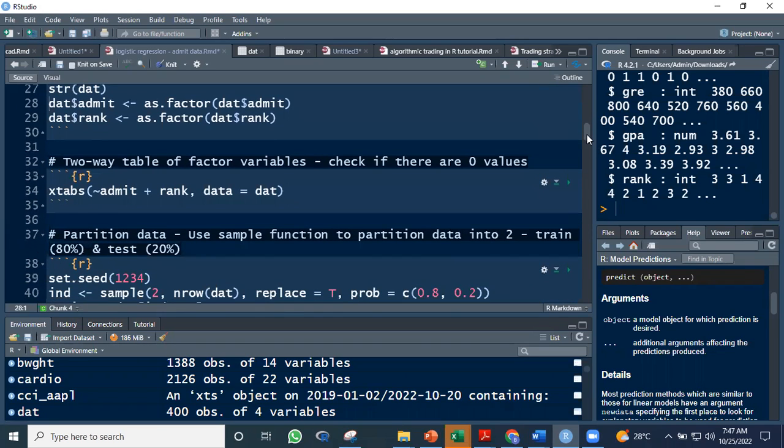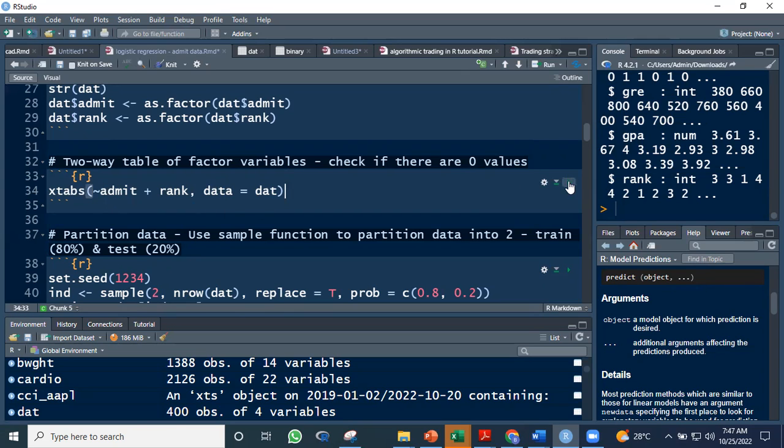All right. Now, here the function crosstabs. The function crosstabs will give us a two-way table of the factor variables. The function here is yung tilde, admit at saka rank. So it will create a two-way table for admit and rank using the data dot.